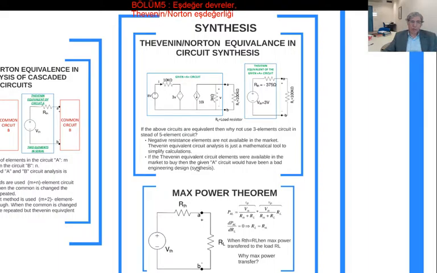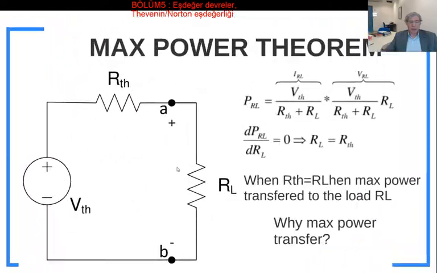Another synthesis problem important for the Thevenin equivalent circuit is the maximum power transfer theorem. So here you are. We can assume that this Thevenin equivalent circuit is representative of a complex circuit, let's say a circuit with m elements included. So we are representing this circuit with a Thevenin equivalent circuit.